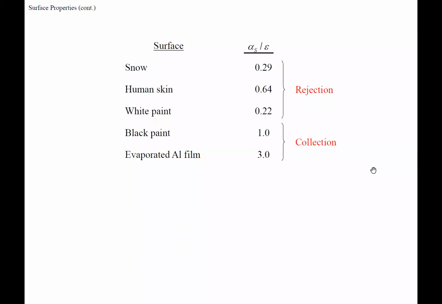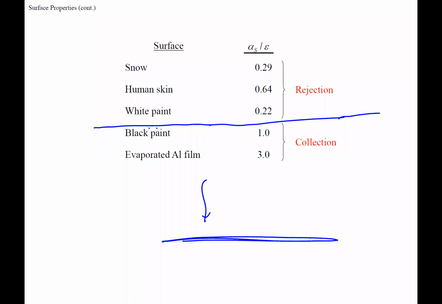Last slide. Depending on what you're trying to do with that solar radiation, depends on what you want for the surface properties. Let's say you have a refrigeration truck, right? Well, a refrigeration truck, and that's your surface, right? You have solar coming in, and then you're emitting off, right?